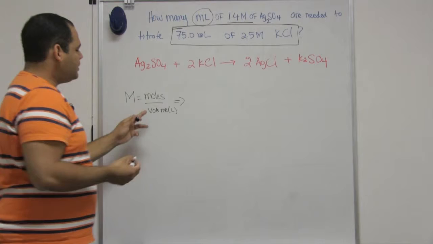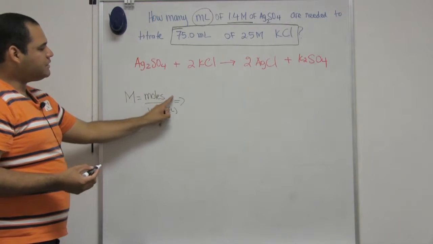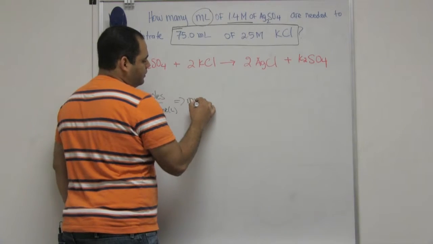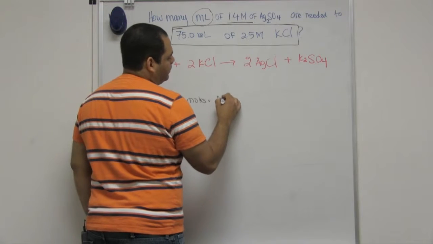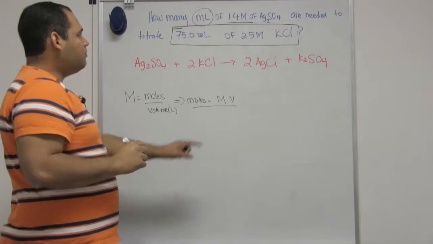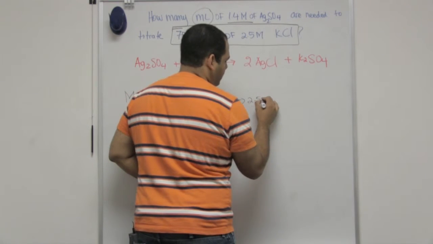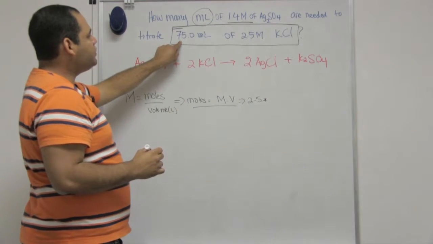To find the moles, I need to solve my equation for moles. If I multiply both sides by V, volume will cancel. So moles of KCl will be equal to the molarity times the volume. Molarity here is 2.5, and the volume is given in milliliters, so I will convert it to liters.